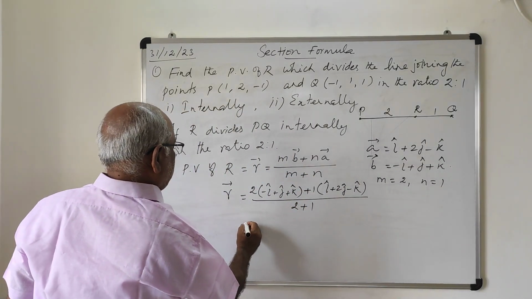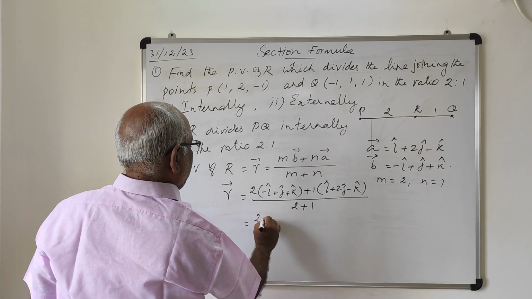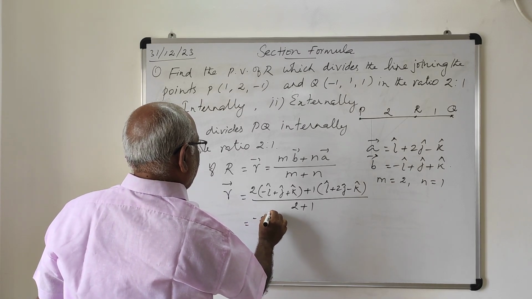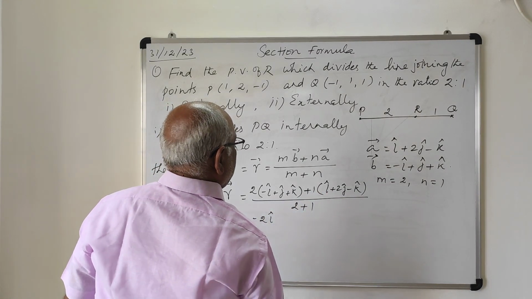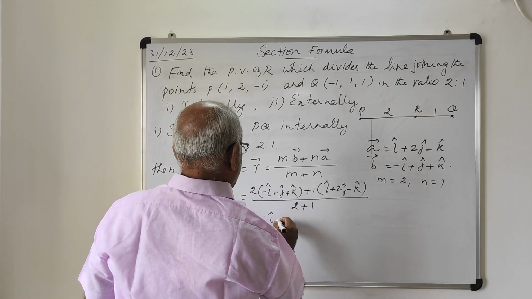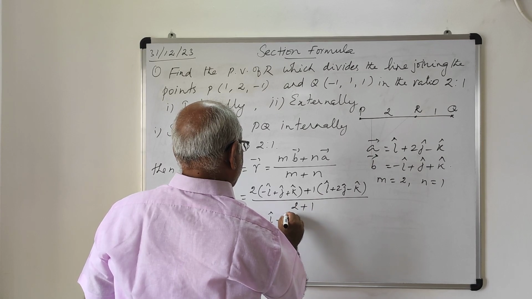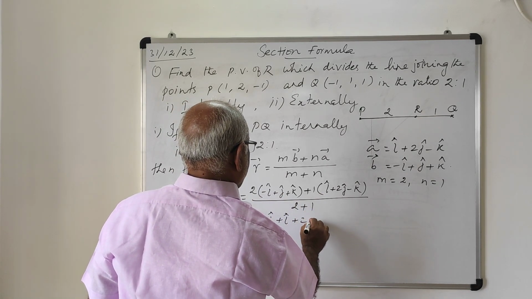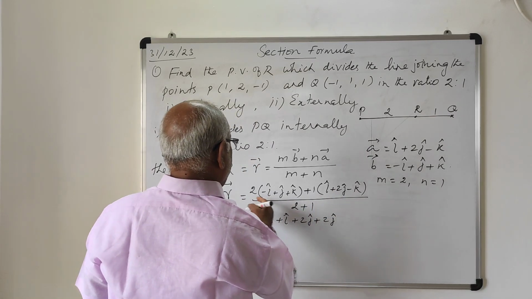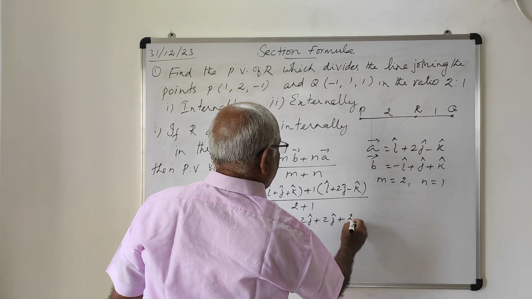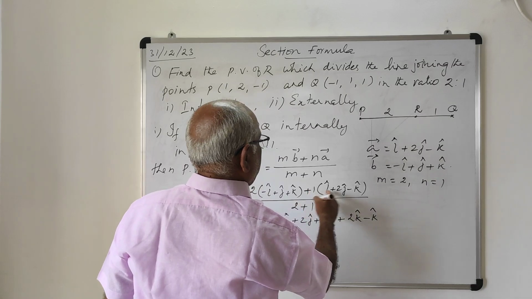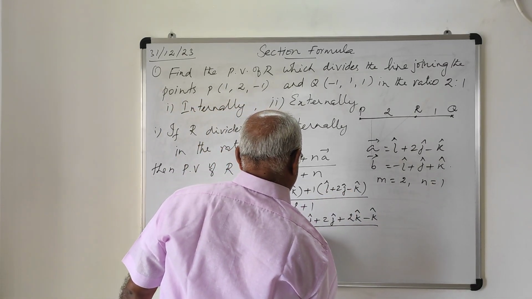That is equal to minus 2i plus 1 into i, so minus 2i plus i. Similarly, 2j plus 2j, and combining, 2k plus 1 into minus k, divided by 2 plus 1 which is 3.